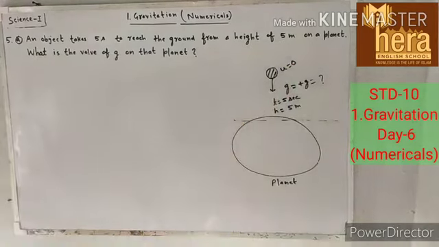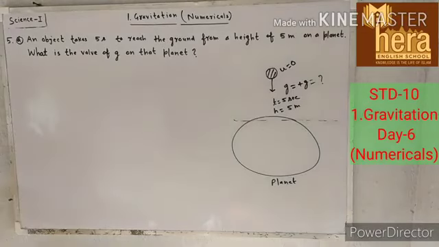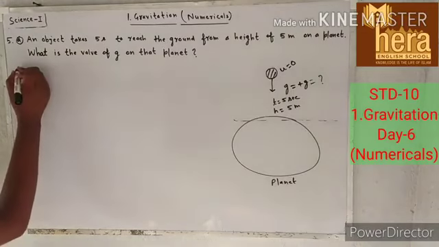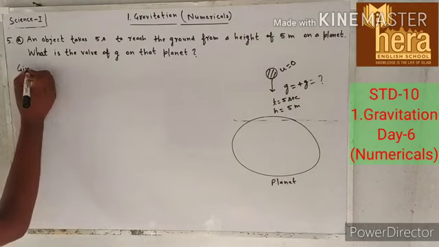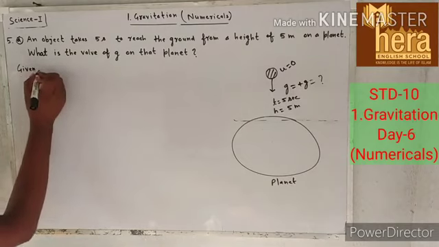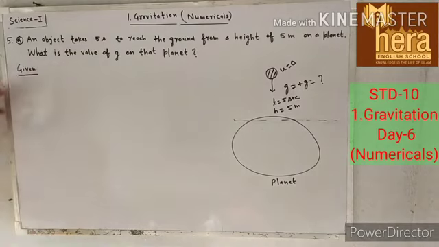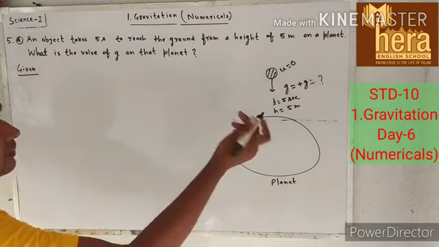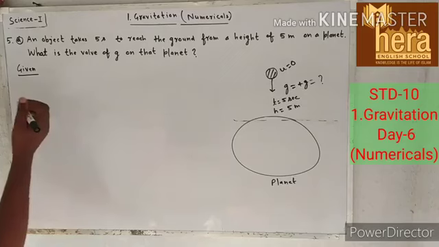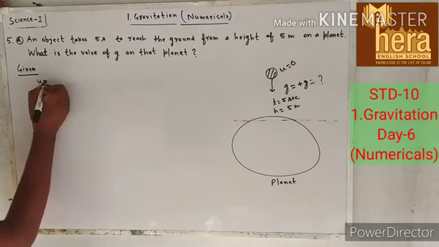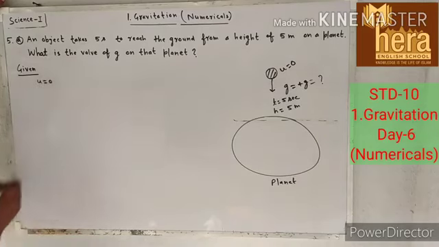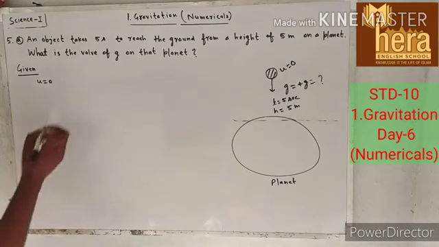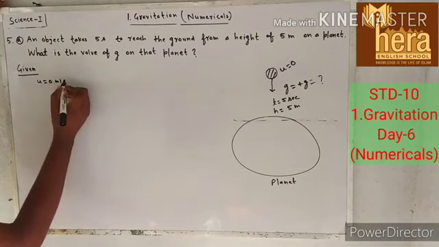Okay, so first of all, write the given data. Observe this diagram and write the given data. U is equal to 0 meter, if you write the unit, meter per second.